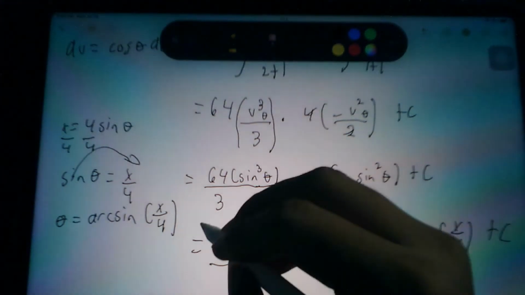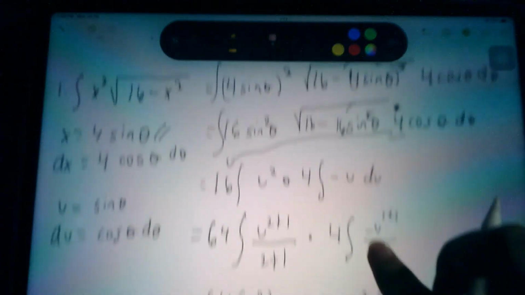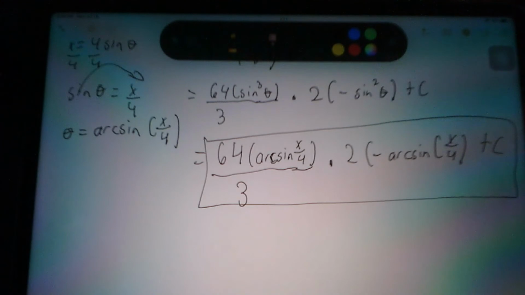Now this is our answer for our problem number 1 under type 2 integration by substitution.